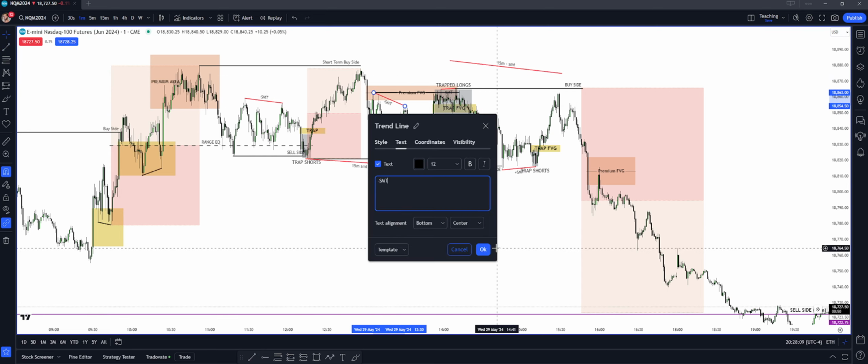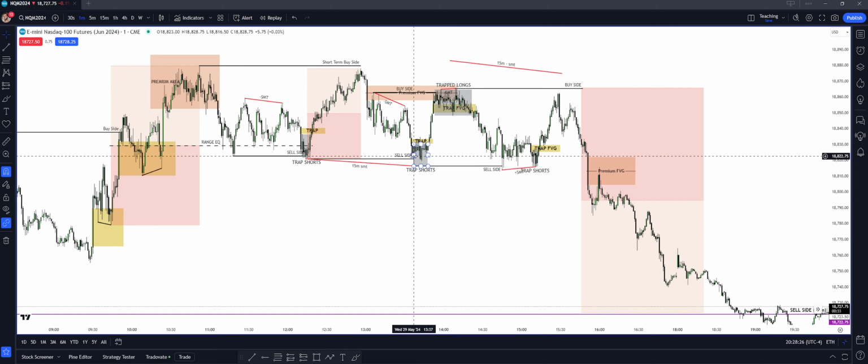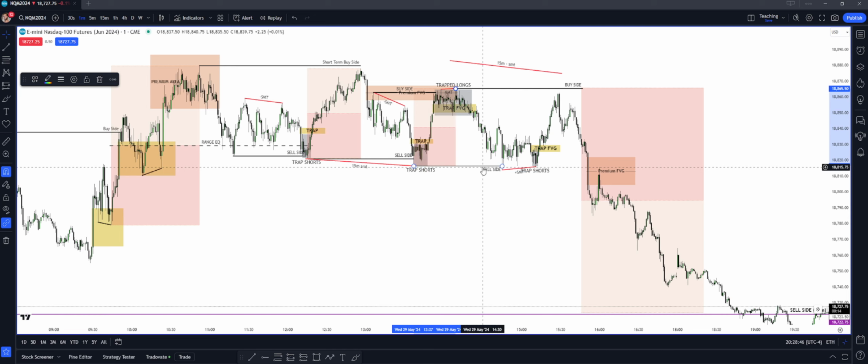So what I was saying is here, for example, trap shorts was formed until it delivers buy side. The low of the trap is safe, until further notice. Now, because it took the buy side, then it formed the trapped longs. Now, once it breaks the range to the downside, here looking at this chart, sell side.